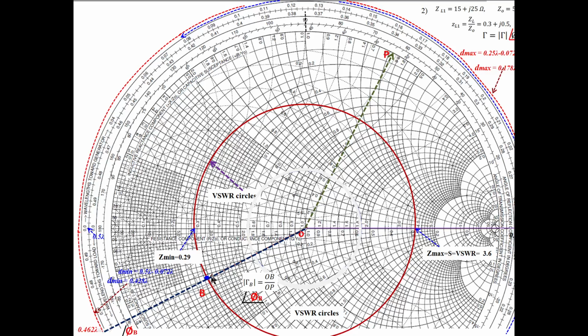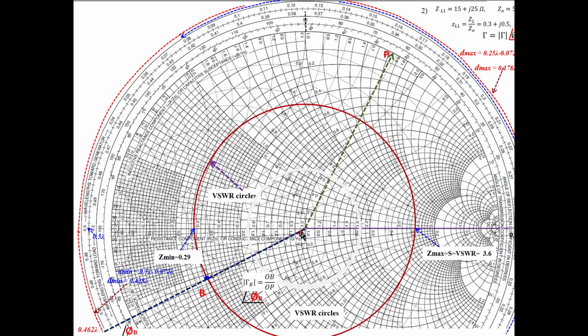This is the angle if the load is here below. If you draw a line passing through this load point, it may be anywhere, in the upper part or below. If the reactance is negative, then the load is in the below part of the Smith chart. Below part means reactance is negative, and the reflection coefficient angle is also negative. So mark the load, it may come here.